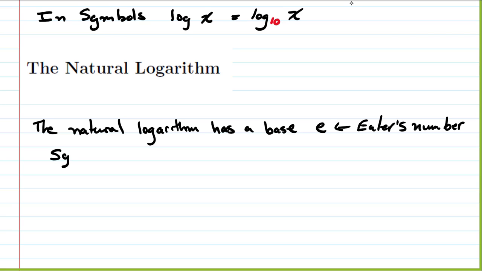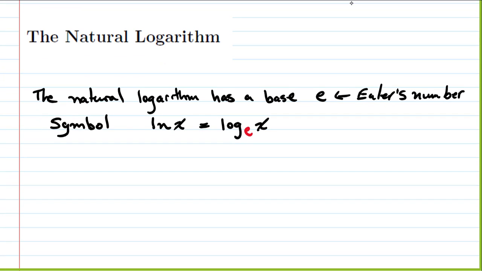So this logarithm is special, and it's so special in fact that it gets its own symbol. So we write ln for the natural logarithm of x, and this is the symbol we will use for the logarithm base e of x.